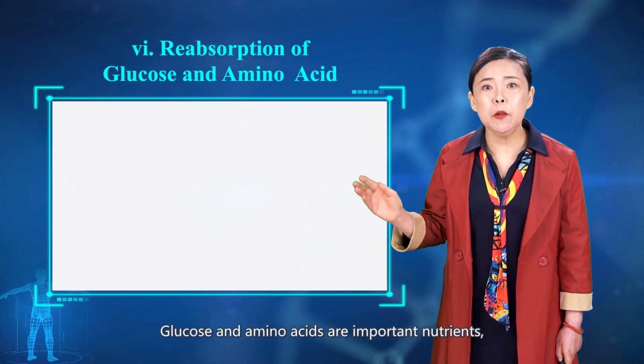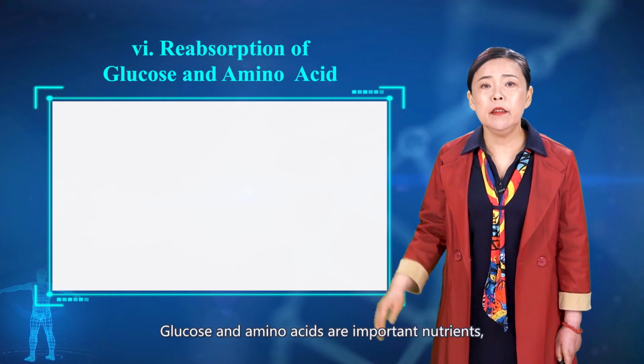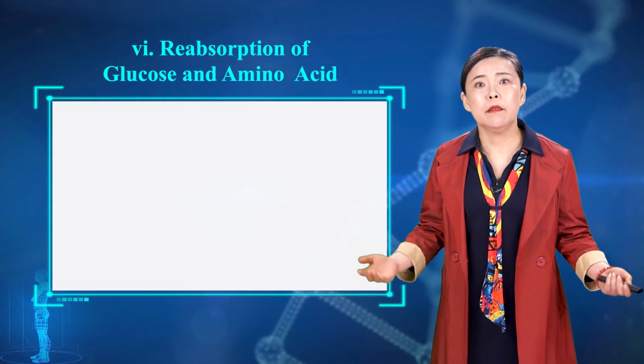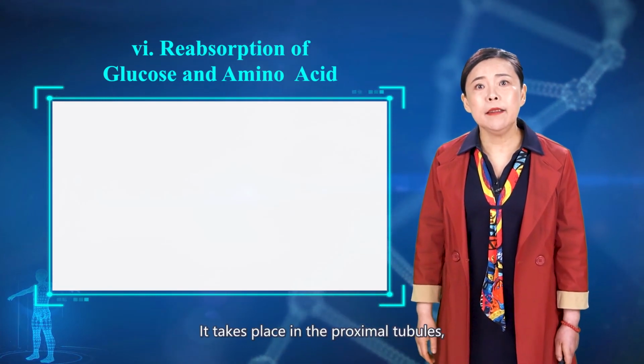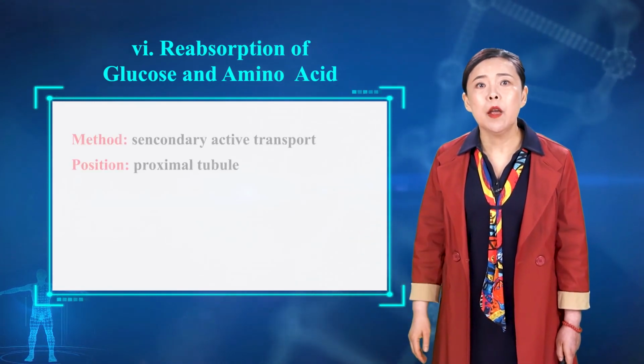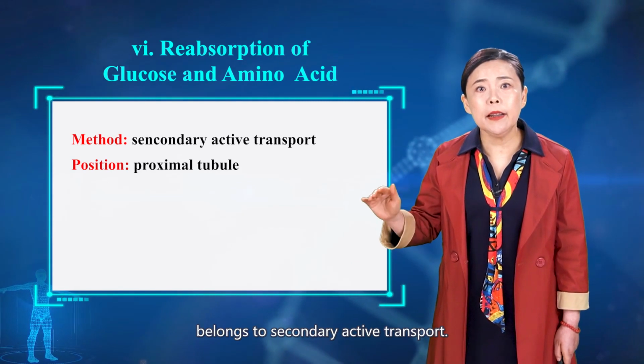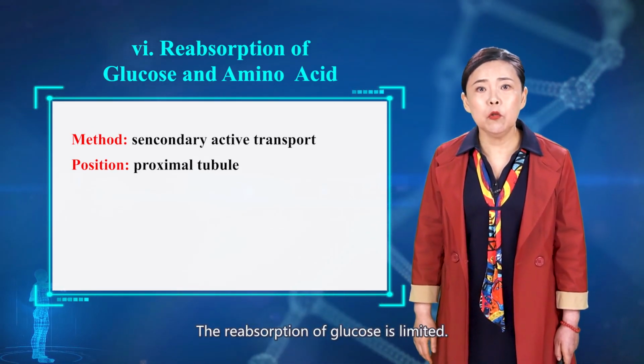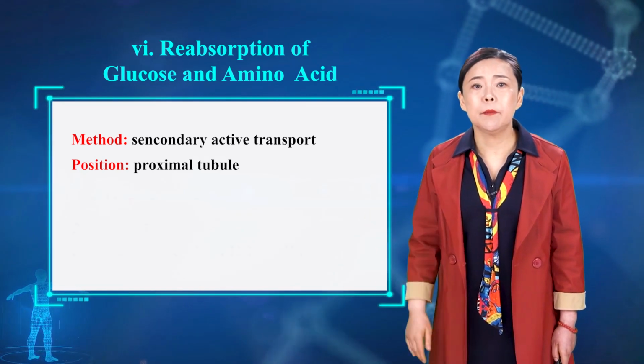Glucose and amino acids are important nutrients and must be completely reabsorbed. This takes place in the proximal tubule and belongs to secondary active transport. The reabsorption of glucose is limited.